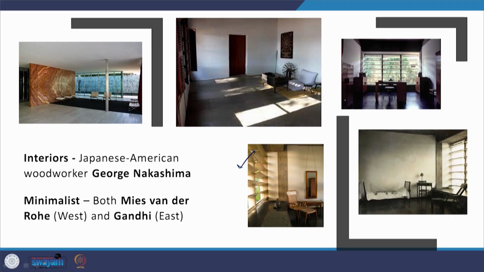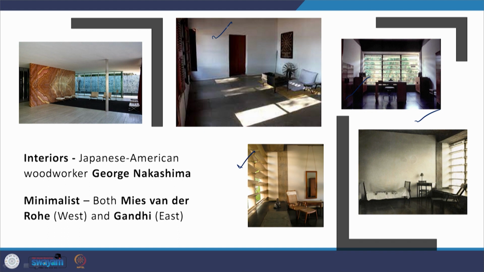The interiors of Golconde, as you see here, here and here, are done by a Japanese American woodworker, George Nakashima, and it is minimalist as in the very high end minimalism with very fine materials of Mies van der Rohe in the west, or it is the ascetic minimalism of Gandhi in the east, as you see in the Sabarmati Ashram. So that kind of minimalism you find in this building.